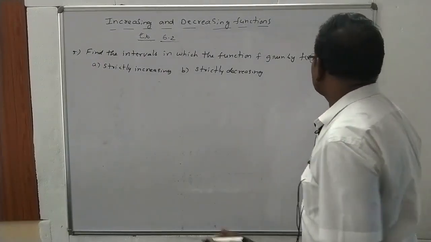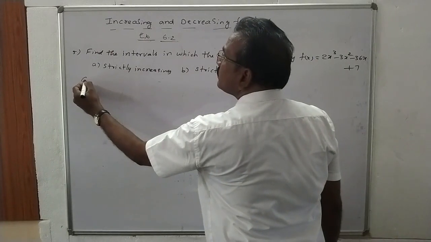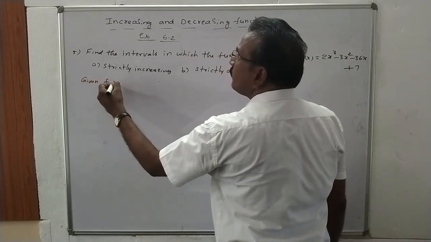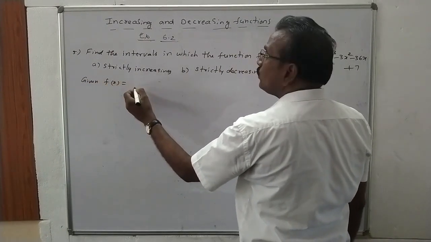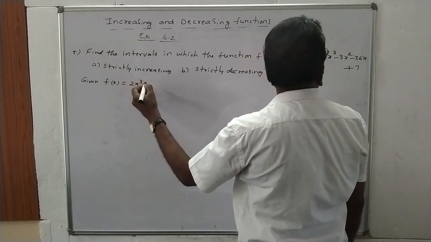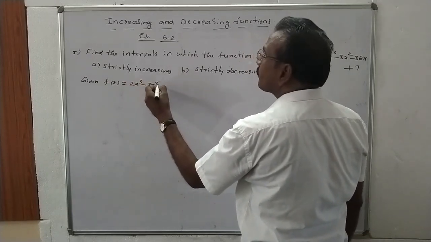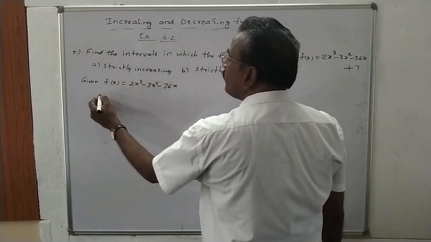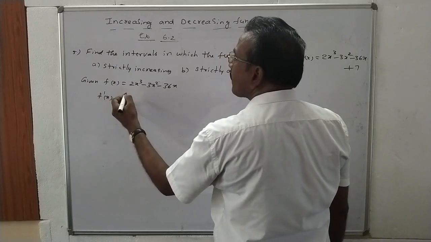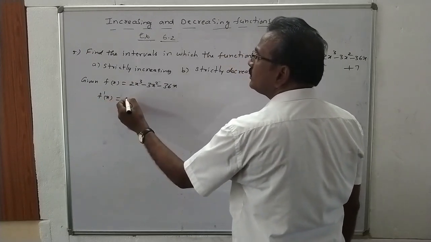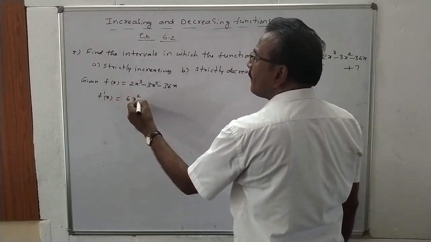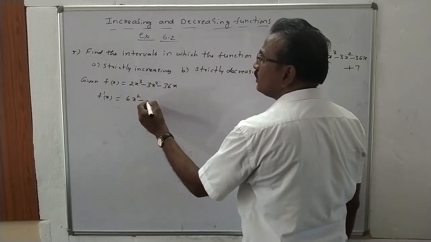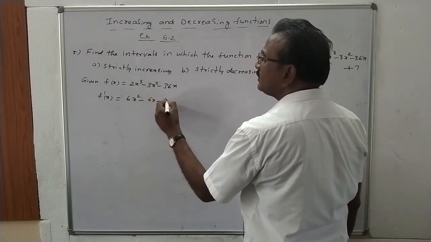First find f dash x. Here given f of x is equal to 2x cube minus 3x square minus 36x. Find f dash x. F dash x is equal to derivative of 2x cube is 6x square minus derivative of 3x square is 6x, minus 36.